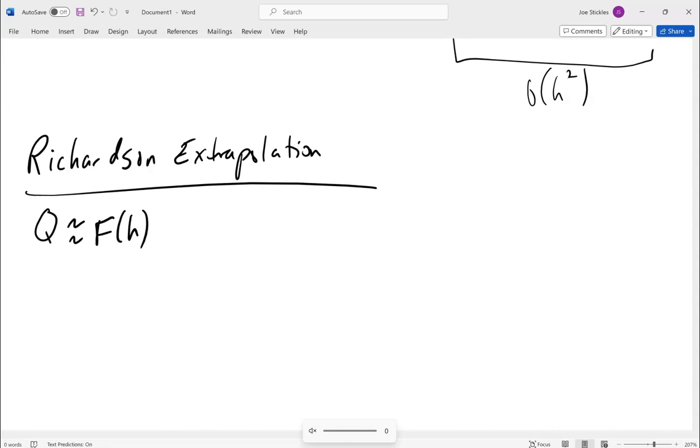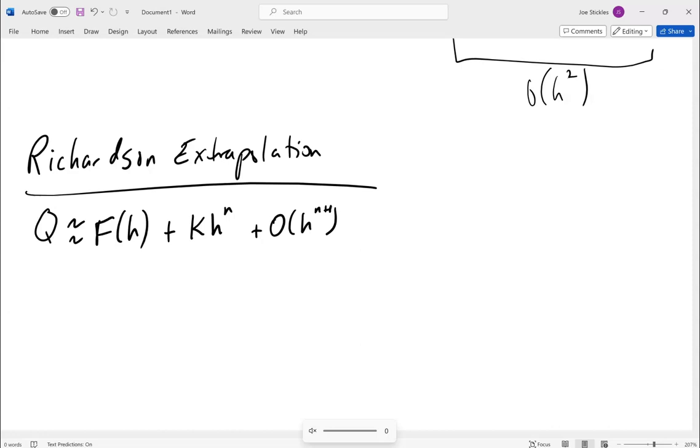And then let's say that it's an order n approximation. So then I know that I've got some constant times h to the n as our order n approximation. And then something on the end that could be on higher orders of h. So I'll just say O of h^(n+1) on the end.